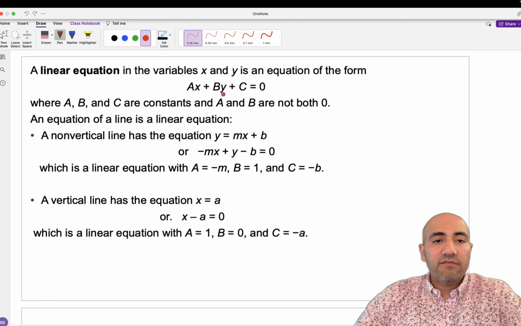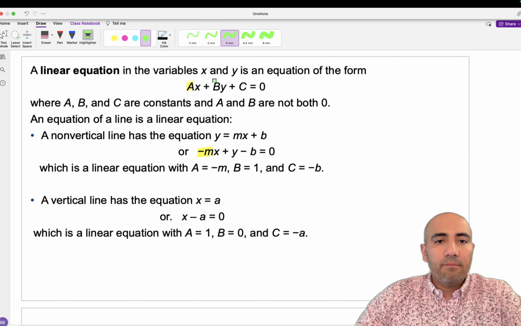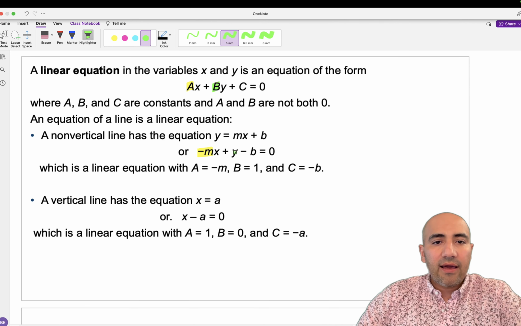Now it fits this form where negative m is the a, the b is played by this invisible 1 out in front, and the c is this negative b. So a equals negative m, b equals 1, and c equals negative b.